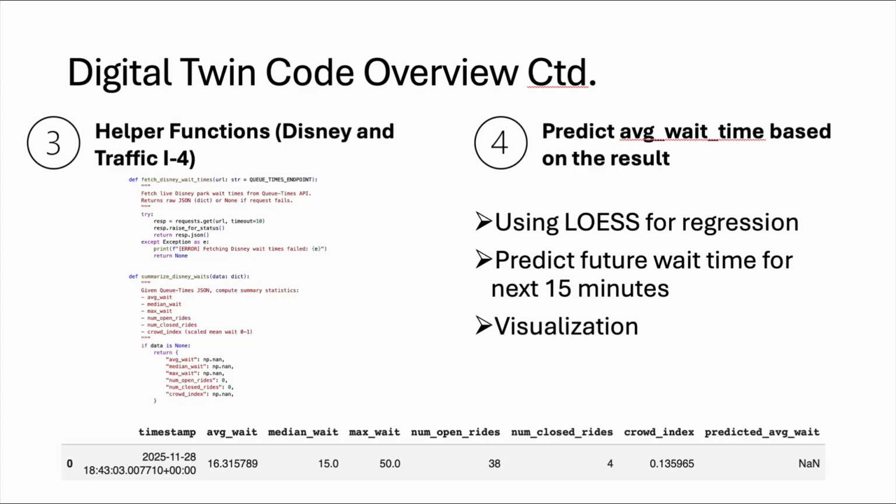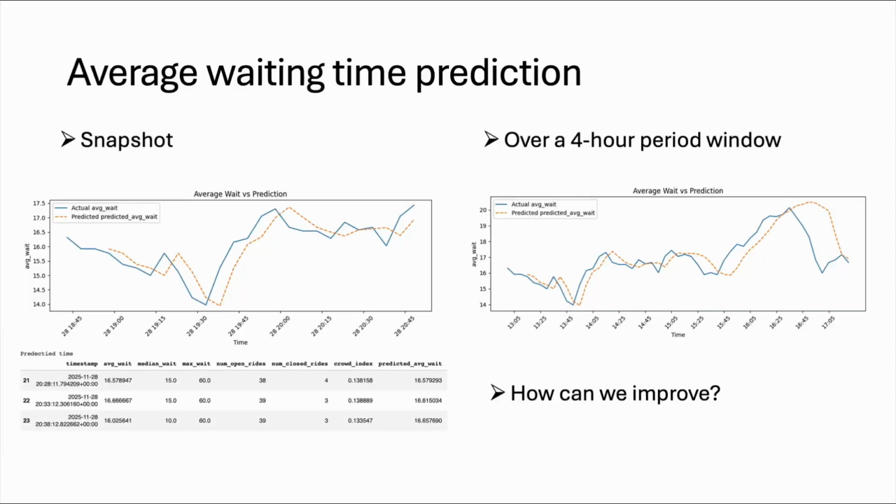So here's an example. The average, median, and max waiting time and the crowded index are shown below. And we're going to predict the average waiting time for the next 15 minutes just based on the previous data. So here's a snapshot. As you can see, it will update every 5 minutes.